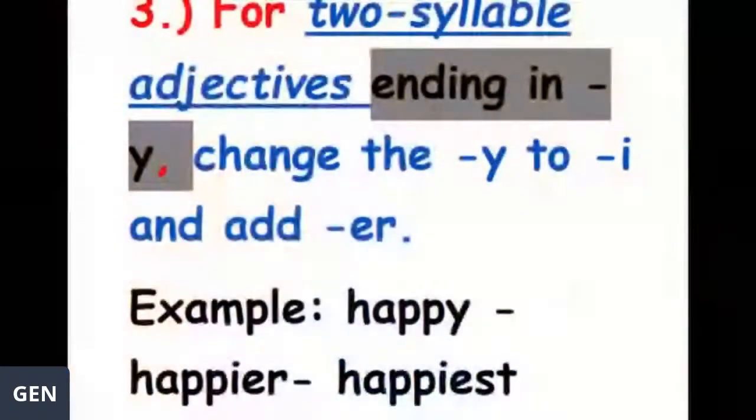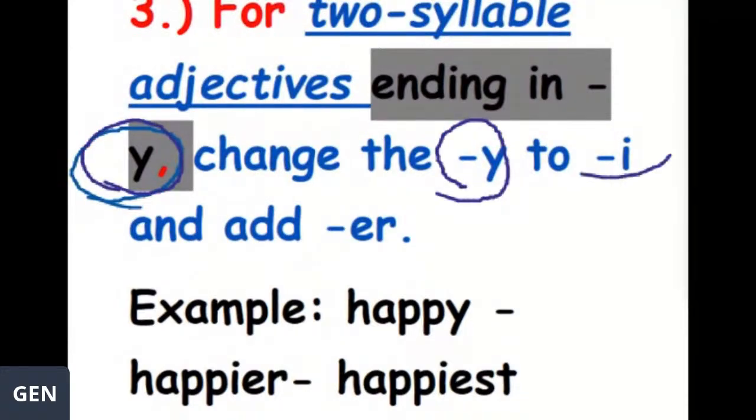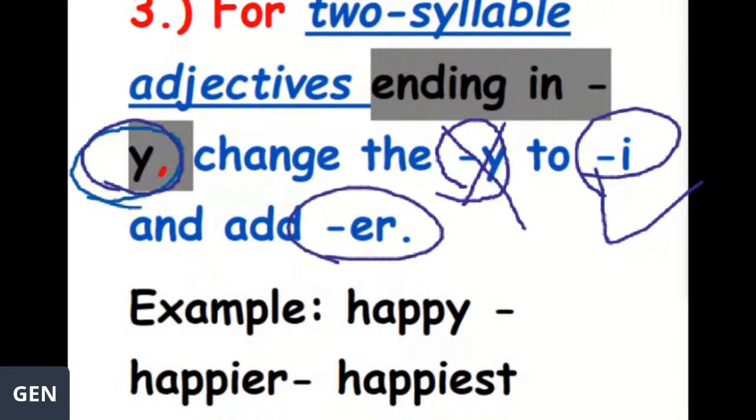Next, let's have the last rule. Rule number 3: for two-syllable adjectives ending in y, take note, y. When you have y, change the y into i and add er. Example, happy.